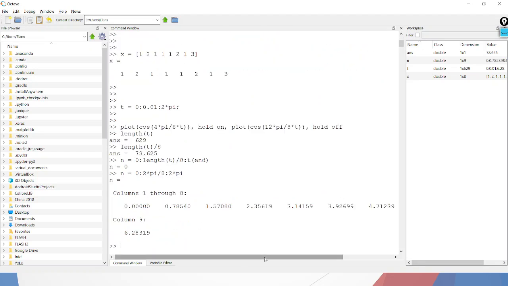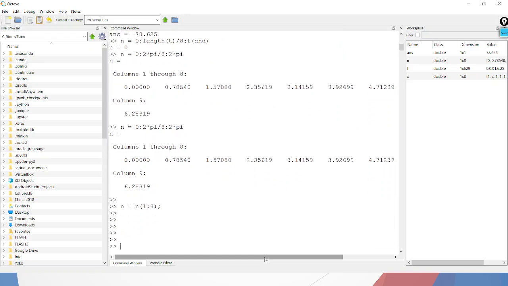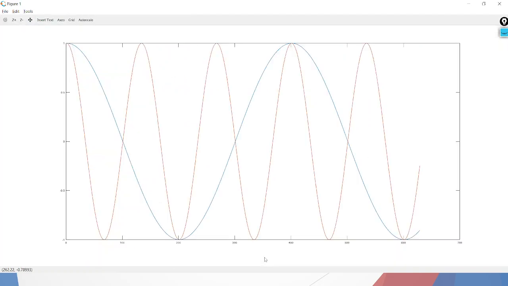So now we have actually 9 samples, because I started from 0. Well, it's okay. I'm just going to skip the last sample, say that n is going to be from 1 to 8 instead, and hold on.